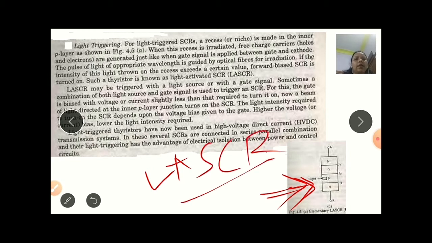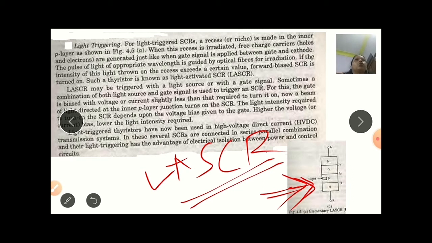This kind of device is mainly used in HVDC power transmission systems. This method of triggering is also explained in an elaborate way in the later part.